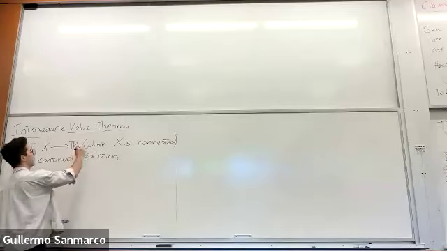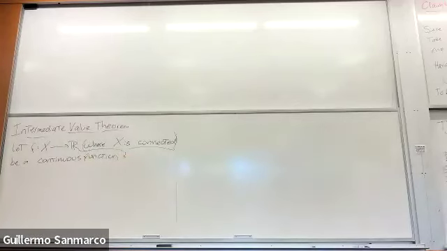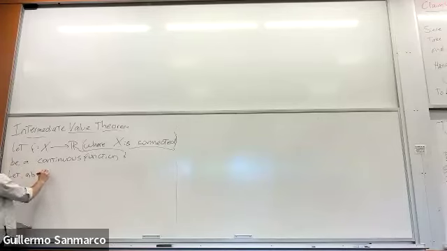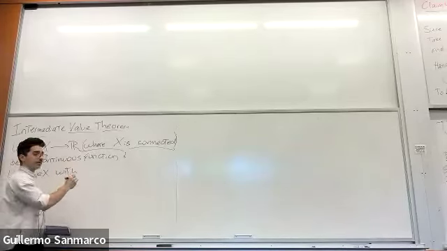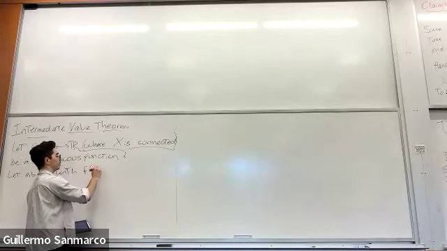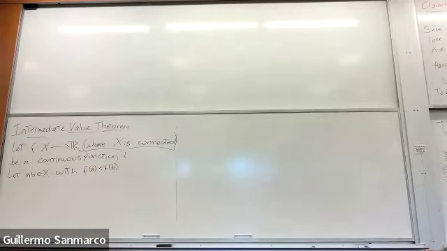So this needs to be here. Then let's take 2 points, A and B, in X with, let's say, f of A smaller than f of B. So we're just assuming we have 2 points with different values under f. And I can say smaller than because the function lands in the reals.